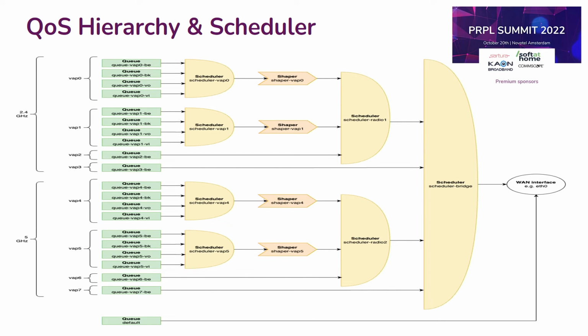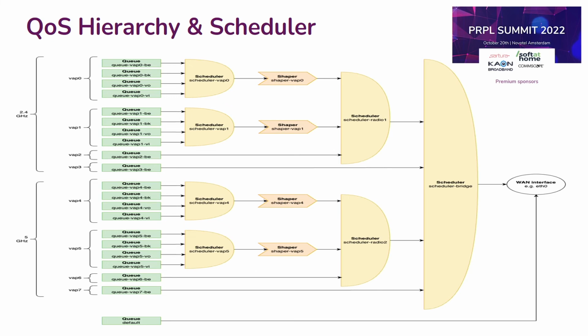In the prpl Foundation, there was also a working group about creating a QoS prpl manager. And out of one of these requirements came that in BBF, in the TR-181 data model, we are actually missing the concept of a hierarchy for queues, schedulers, shapers.